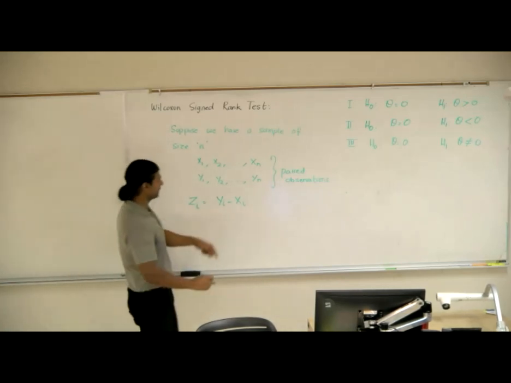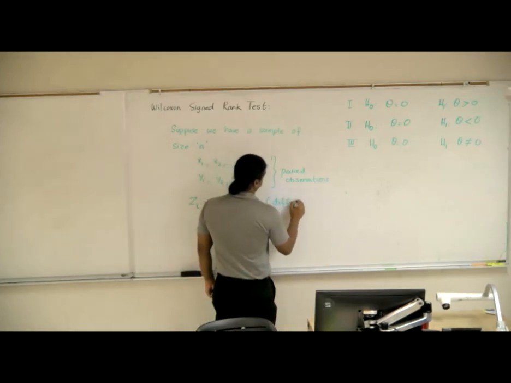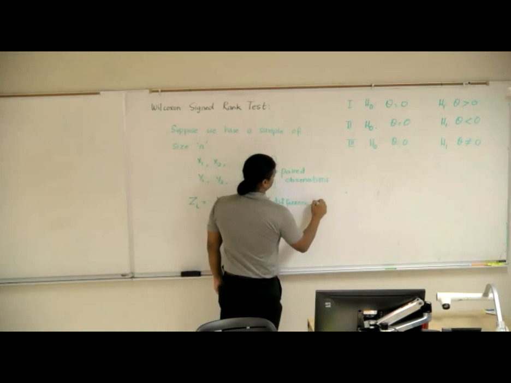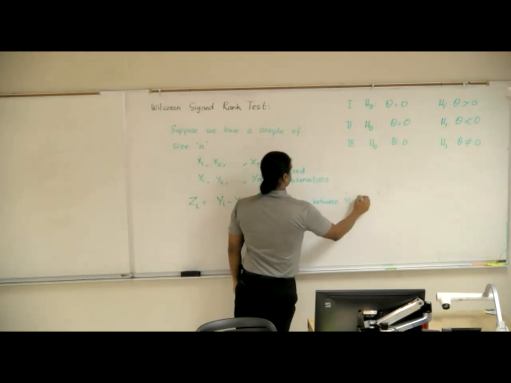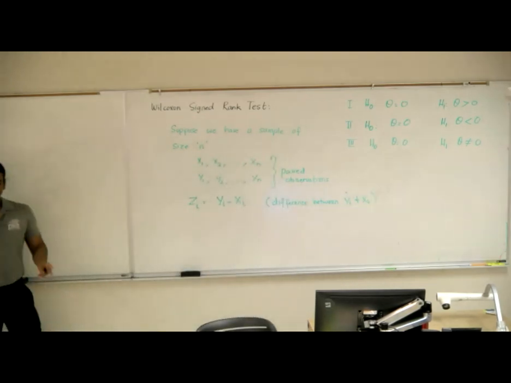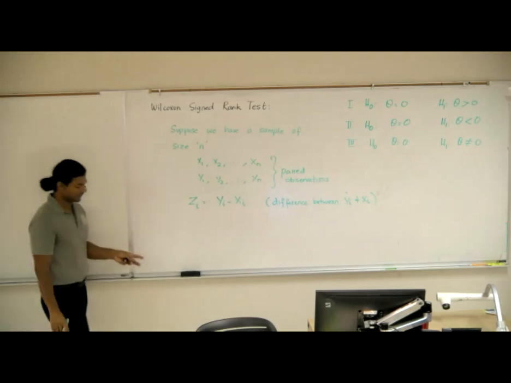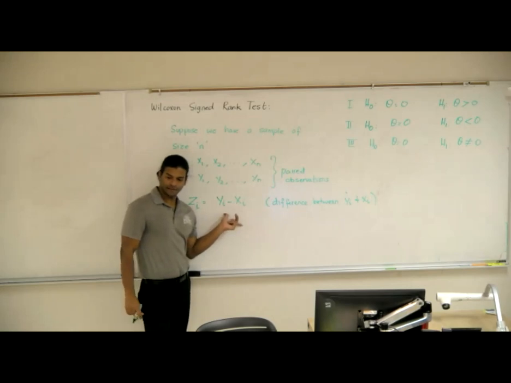That is the difference between yi and xi. Some of them would have positive values, some negative values.